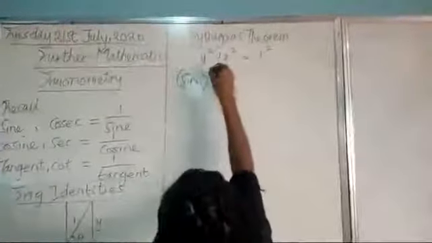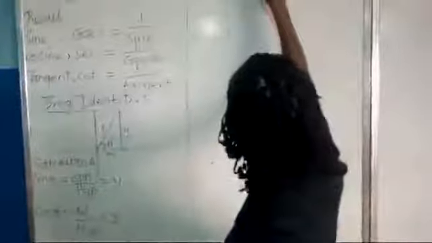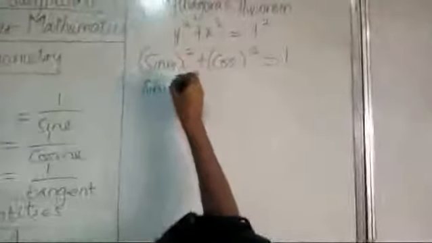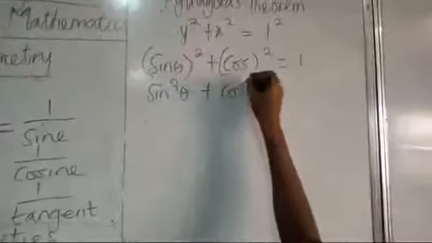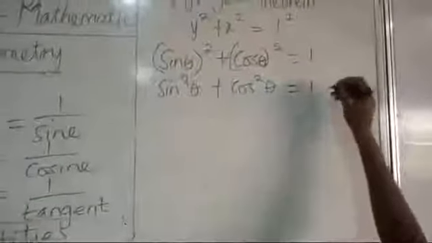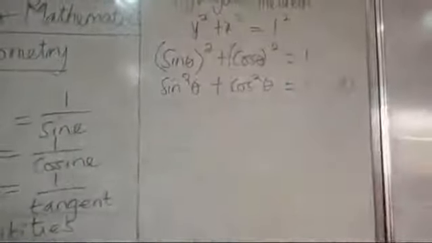And x is cos theta. And 1 squared we know is 1. So in terms of trig, we put the square in between. So this is sine squared theta plus cos squared theta equals 1. So this is our first identity.